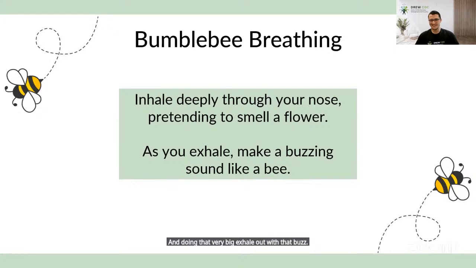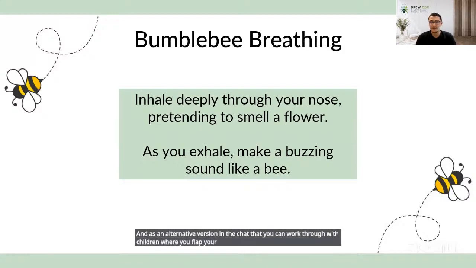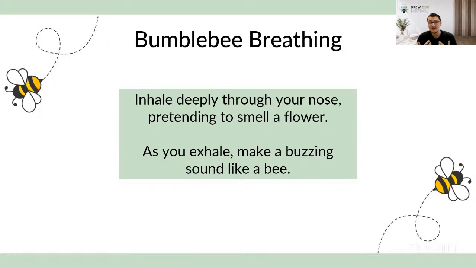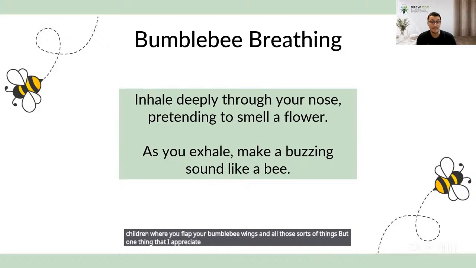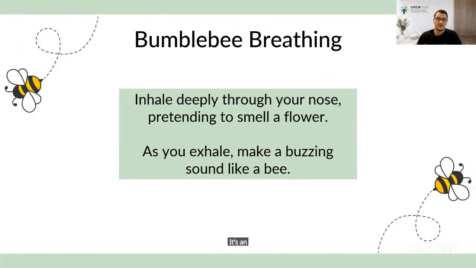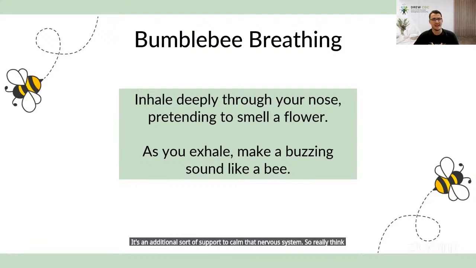Bzzz. And there's an alternative version in the chat that you can work through with children where you flap your bumblebee wings and all those sorts of things. But one thing that I appreciate about this exercise is that the humming during the exhalation is an additional sort of support to calm that nervous system. So really think about where you were feeling that humming.